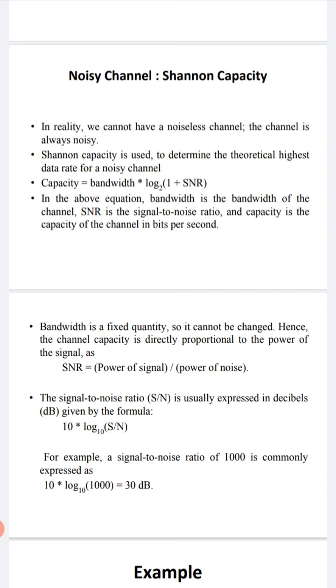Shannon capacity is used to determine the theoretical highest data rate for a noisy channel. So the formula is the capacity equal to bandwidth into log 1 plus SNR. SNR means signal to noise ratio.